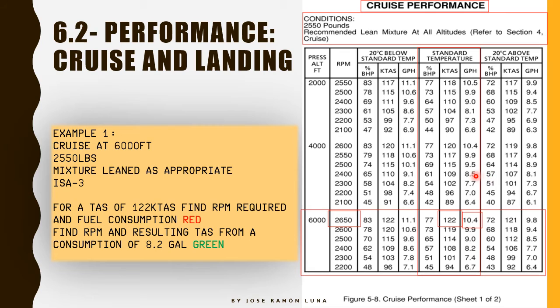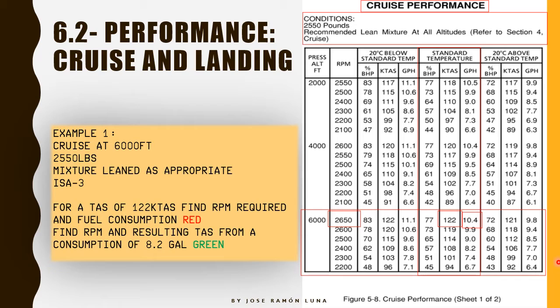Imagine, here with 8.2, I'm going to be going at 109 knots with 2400 RPM. And here with barely less, 8.5, 8.2, I'm going to be doing more or less the exact same speed with the exact same RPM. So I can be choosing from different altitudes, I can be choosing from different airspeeds. I'm just basically getting the best performance out of my aircraft by setting this fixed 8.2 value.